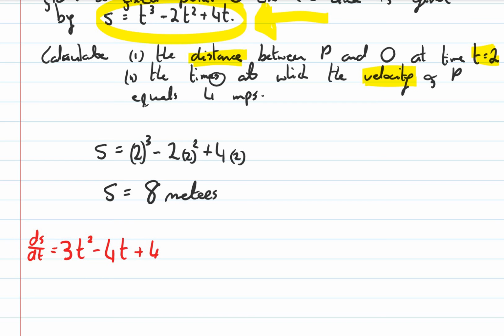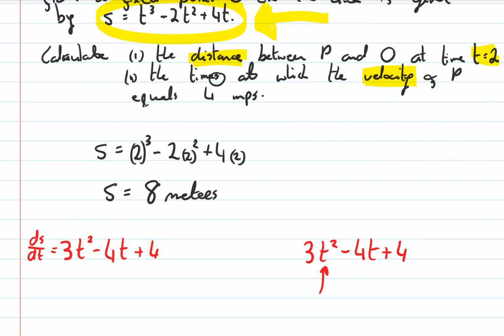And at the times, so we're looking for the times that the velocity or the speed is 4 meters per second. So don't think, oh, I put 4 in for t. No, I'm looking for the times, I'm looking for t when the speed equals 4. So I will take this speed function.